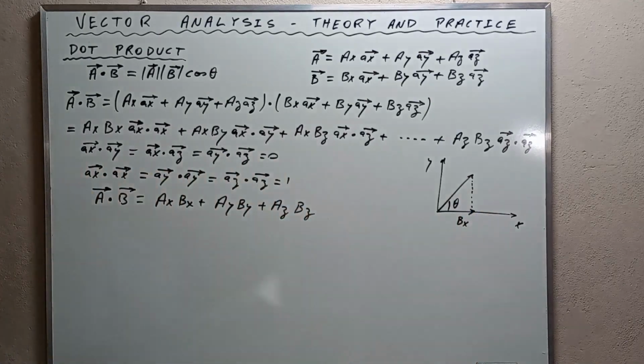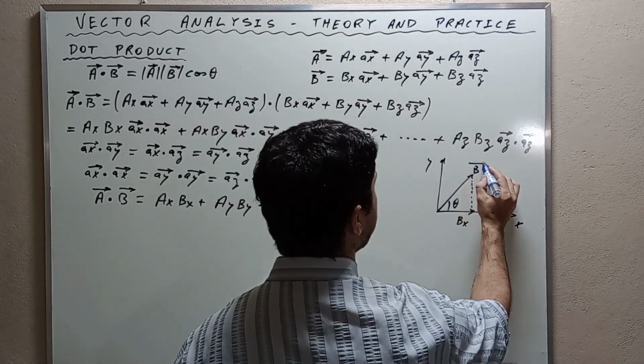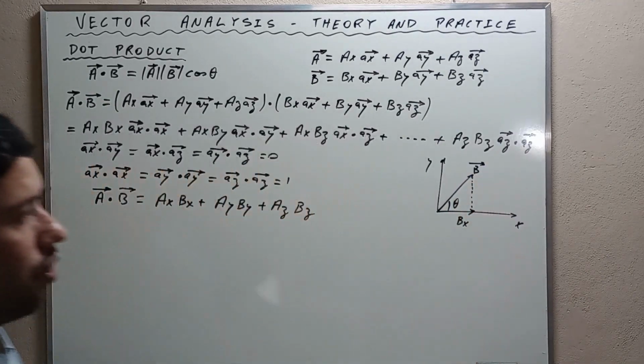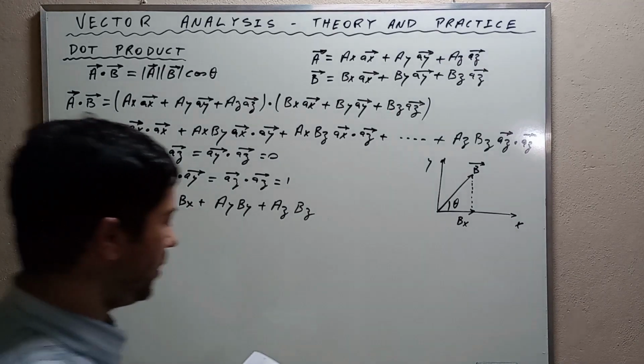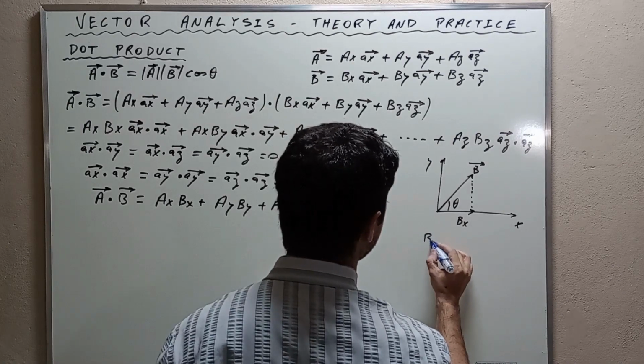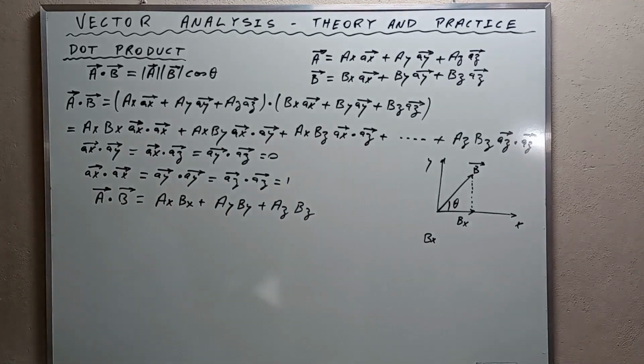The component of vector b in the x direction can be easily found by applying the dot product. Okay, bx is a scalar. Okay, I don't know if you noticed it.